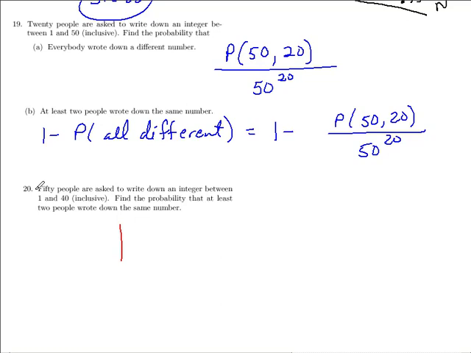Well, the key is we have 50 people, and we only have 40 numbers. So if you assumed everybody wrote a different number down, after 40 people, everybody has a different number. Now, the next 10 people still have to write a number down. Whatever number they choose is going to repeat one of the previous 40 persons.